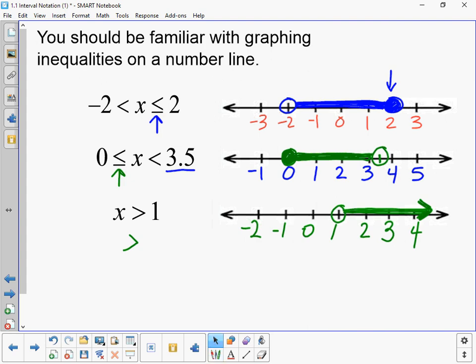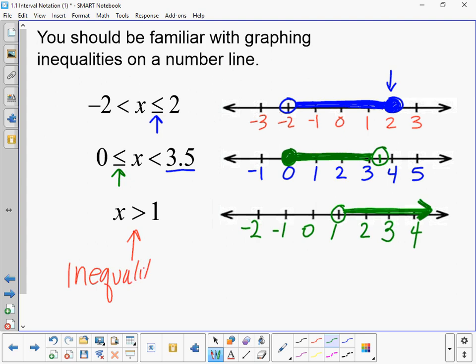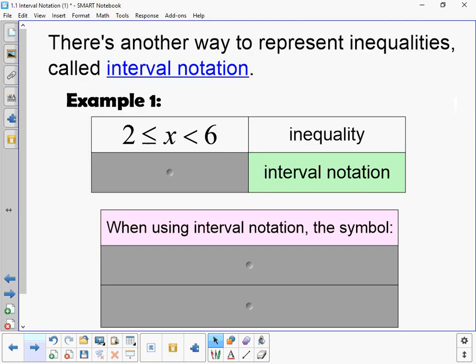All right, so all of these examples are showing inequality notation. When we're using greater than and less than symbols, that's inequalities. Something that you learned last year and that we want to review today is called interval notation.